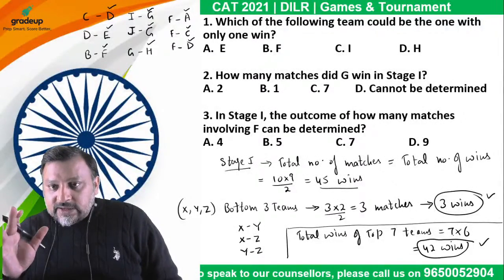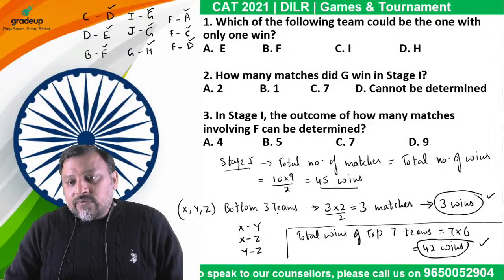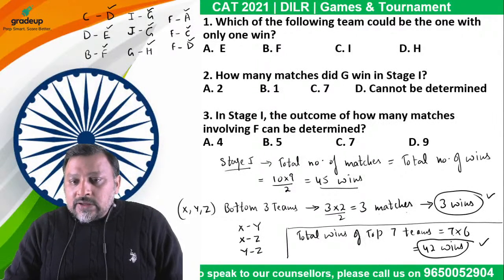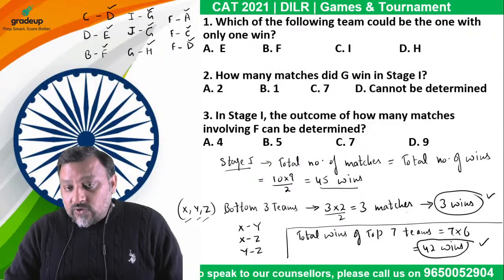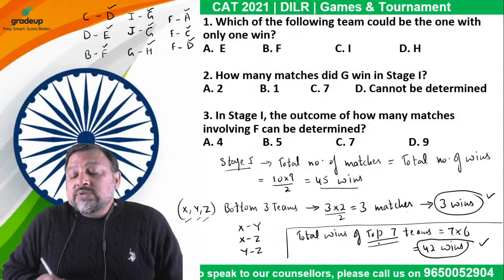Okay, now please pay attention. See, can we say the 3 wins that these 3 teams have are because of these 3 matches? So that means each of these bottom 3 teams has lost all their matches against these top 7 teams.